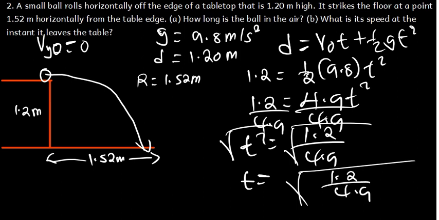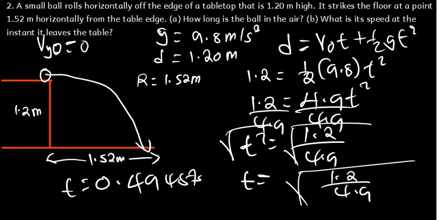Okay, now what will be our t in that case? So if I get my calculator, I'll say 1.2 divided by 4.9. Then the answer I'm getting is 0.244897959. I get the square root of this one. I'm getting the time to be 0.49487 seconds.